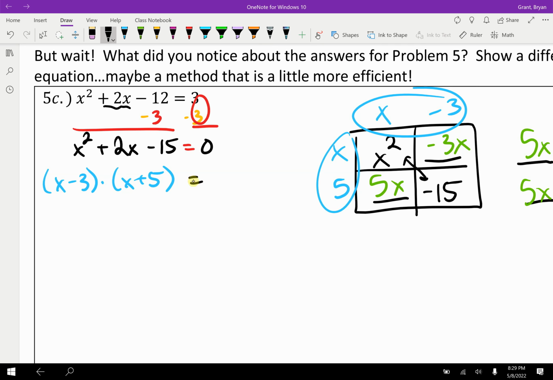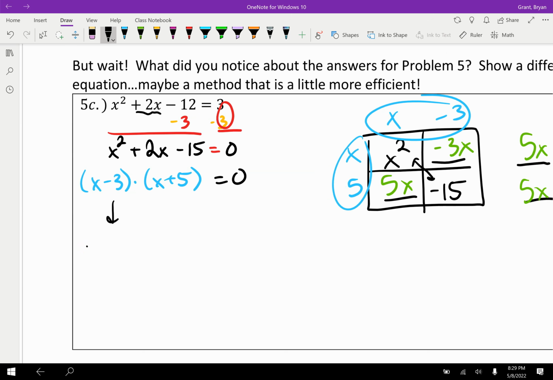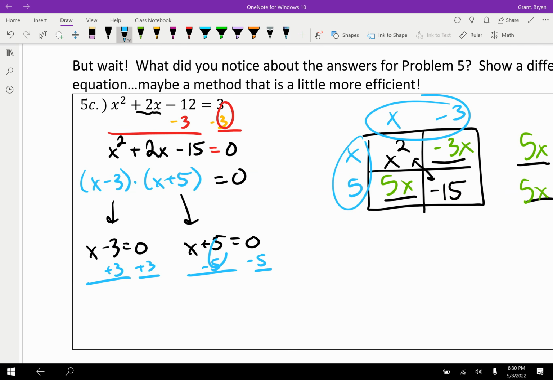And they're still equal to 0. To finish this off, zero product property. X minus 3 equals 0, x plus 5 equals 0, and solve. Add your 3 to both sides, at the same time, subtract your 5 from both sides. And we end up with x equals positive 3, x equals negative 5.